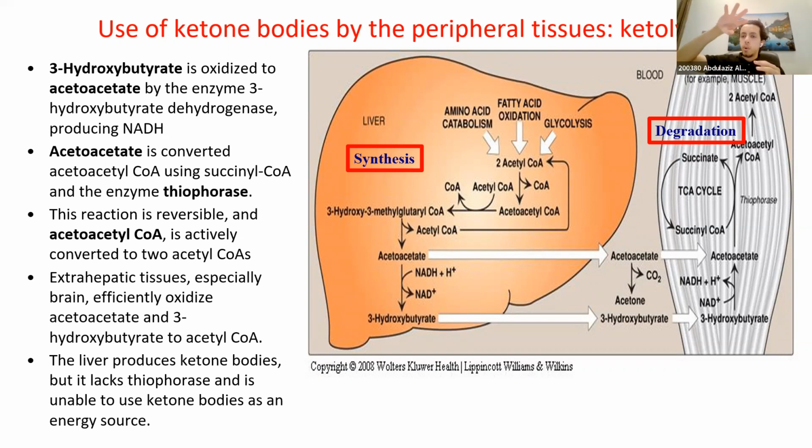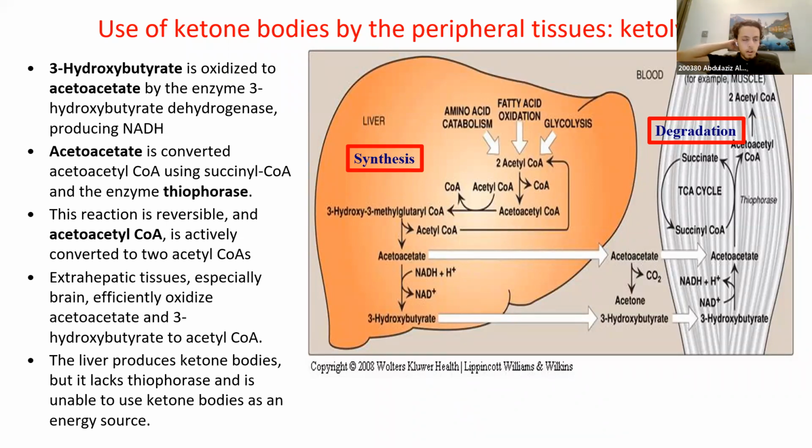And this acetyl-CoA can be used for energy in the citric acid cycle or any other places. So the 3 ketone bodies are simply acetoacetate, 3-hydroxybutyrate, and acetone. Did anyone not understand this slide specifically, how the ketone bodies are being used? Okay, no problem at all.